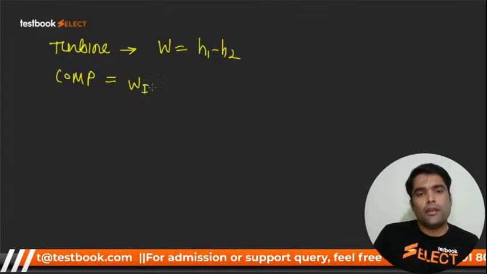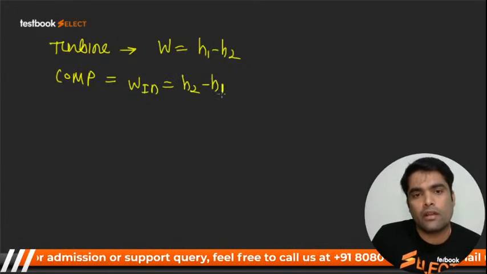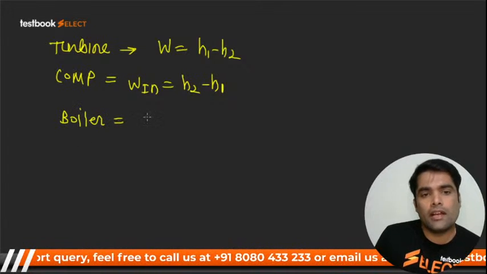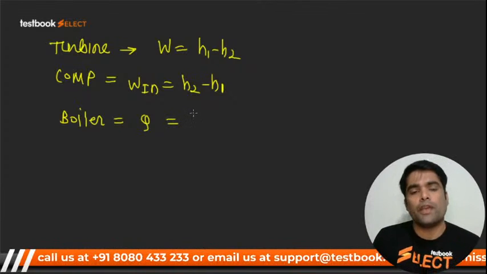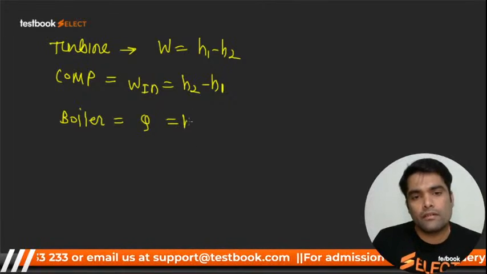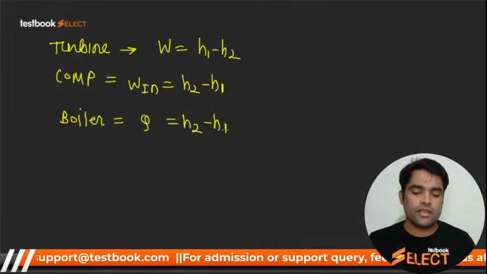You will get W input, and that will be nothing but H2 minus H1. If you go for a boiler, you will get Q is equal to what? It should be H2 minus H1. Right? I hope you got it. Yes or no?